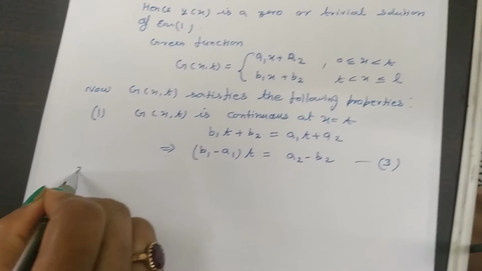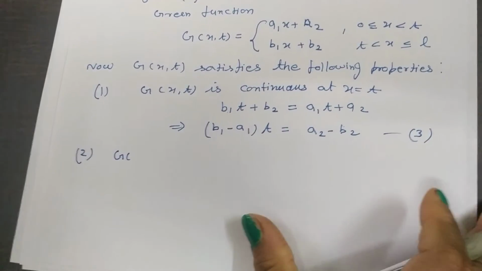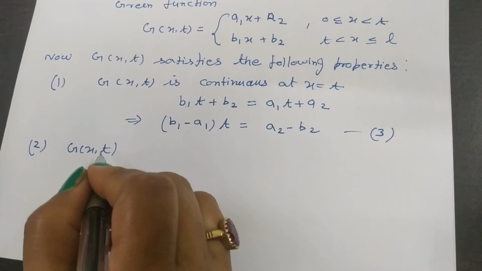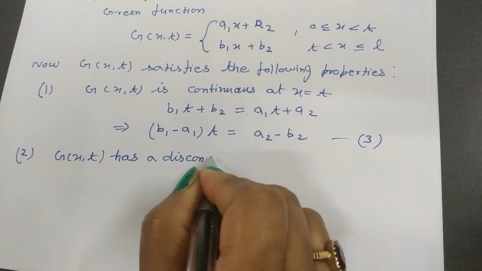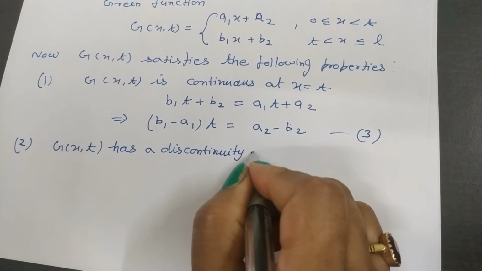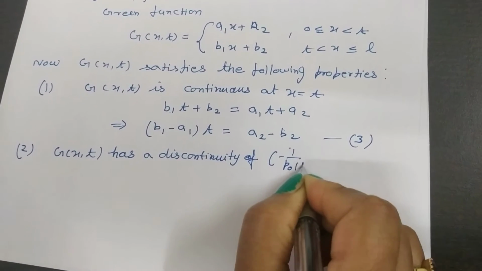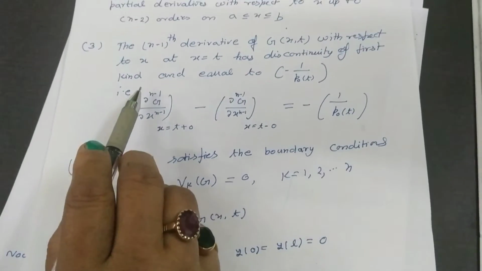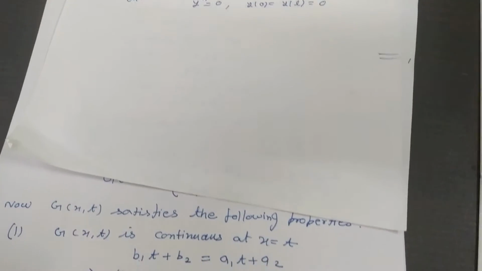Now the second property: G(x,t) has a discontinuity of magnitude 1 by p naught of t in the derivative of order n minus 1.